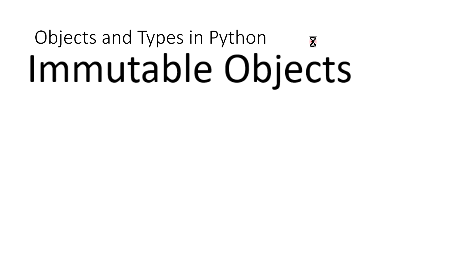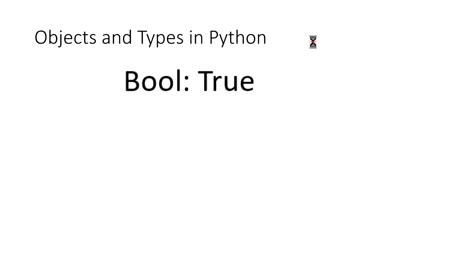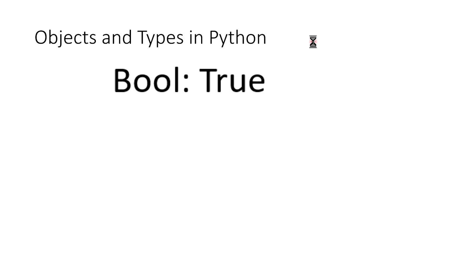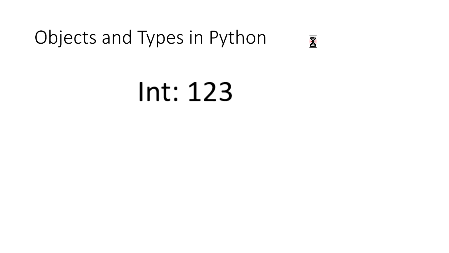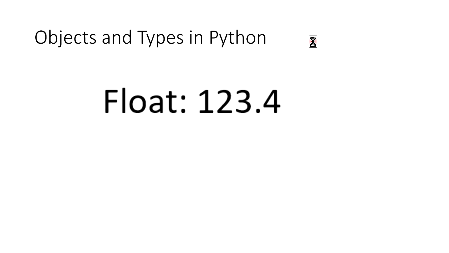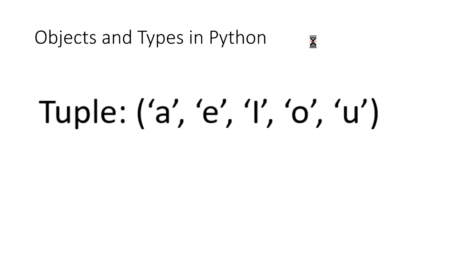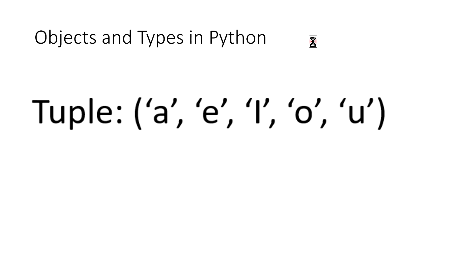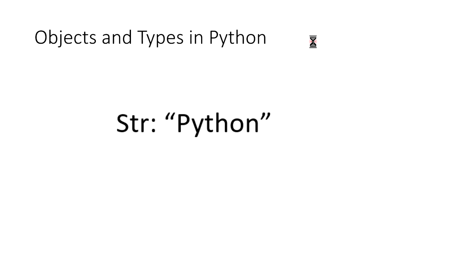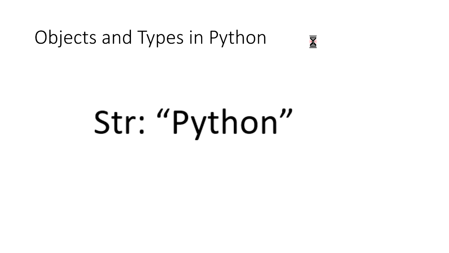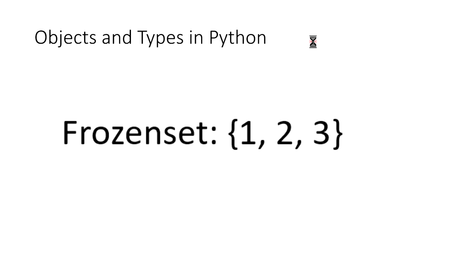Immutable objects are objects whose value or content you cannot change, like the Boolean bool, true or false; an integer like 123; a floating point like 123.4; a tuple like AEIOU, which is immutable and cannot be changed; a string like Python, which you cannot change; and a frozen set, like a set of 1 to 3 that is frozen, so we cannot change the value.